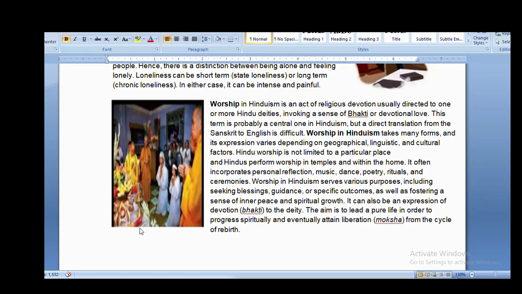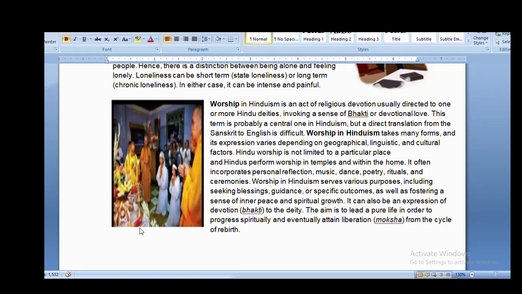Worship in Hinduism takes many forms and its expression varies depending on geographical, linguistic, and cultural factors. Hindu worship is not limited to a particular place, and Hindus perform worship in temples and within the home. It often incorporates personal reflection, music, dance, poetry, rituals, and ceremonies.